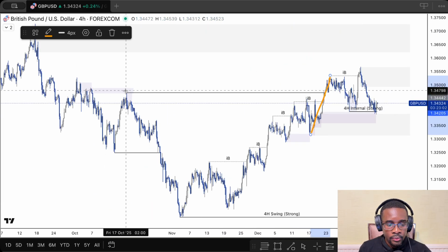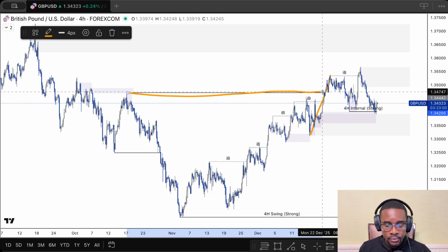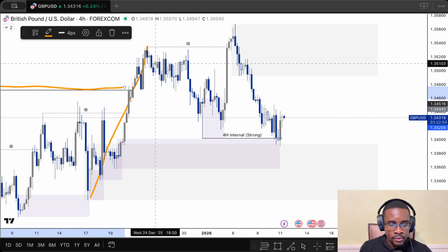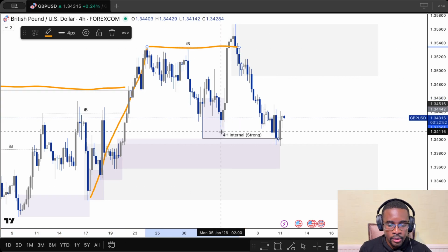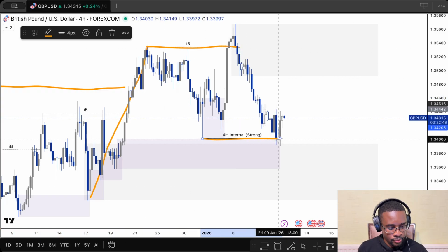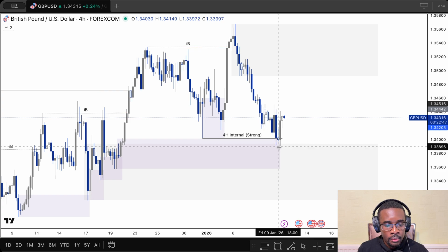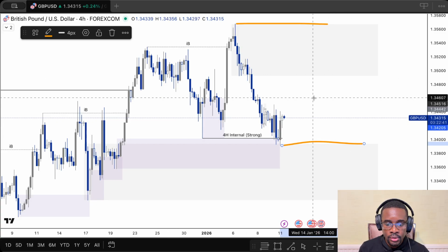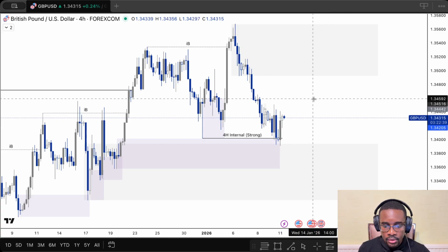We had a swing bullish break of structure, and then we had our internal break of structure, and we've just now had an internal break of structure bearish. So what that means is this is our new internal bearish range.